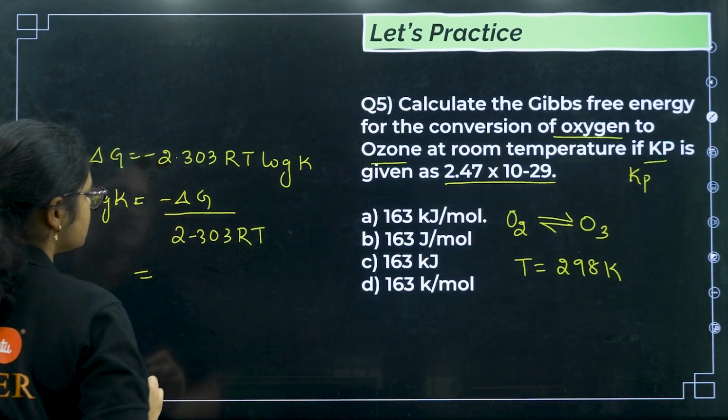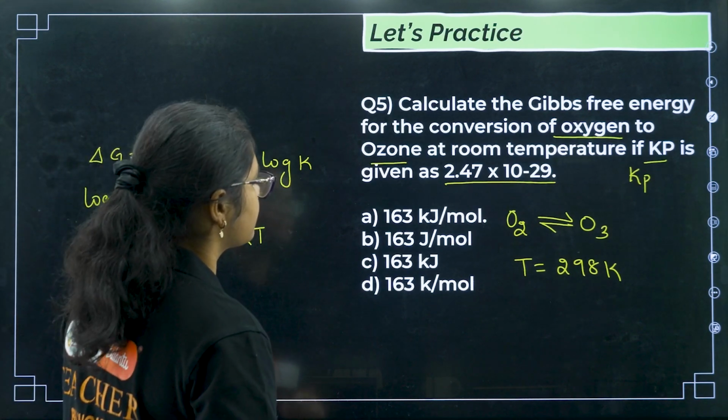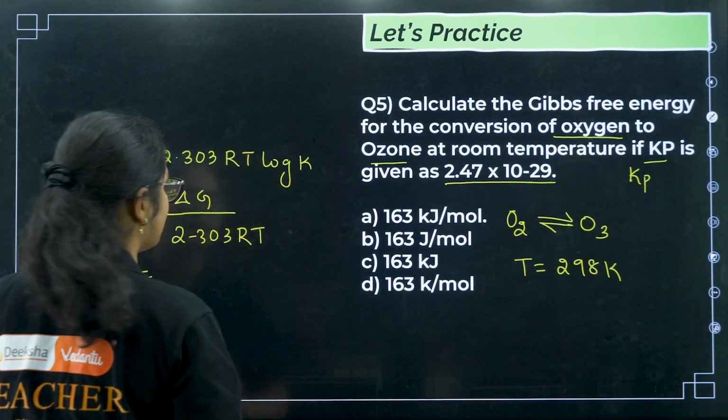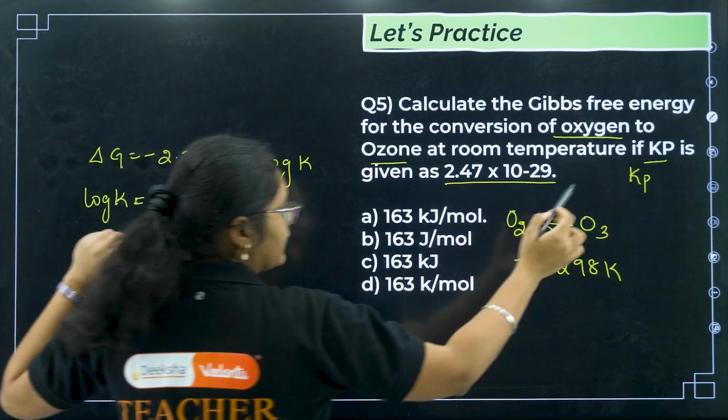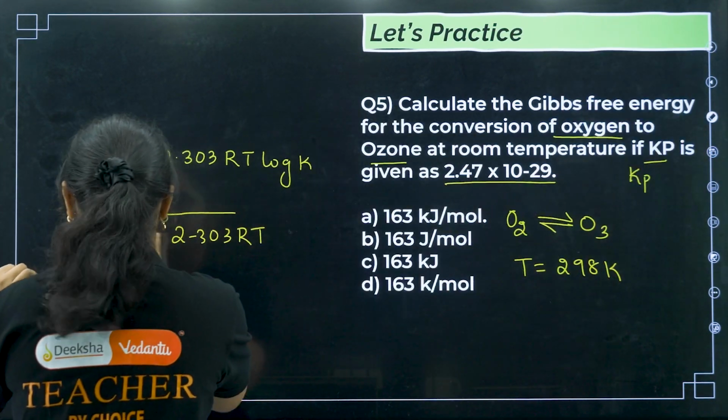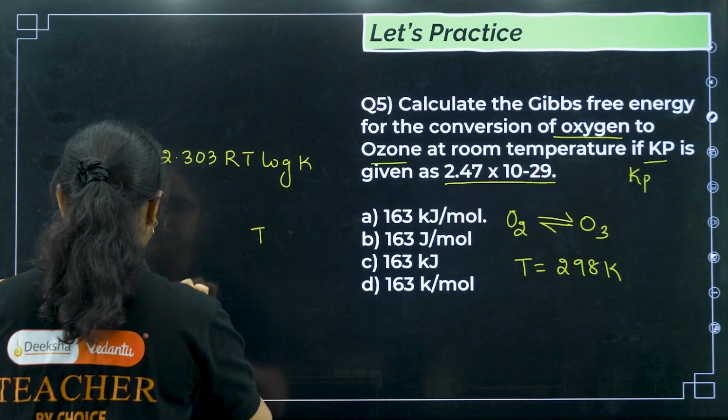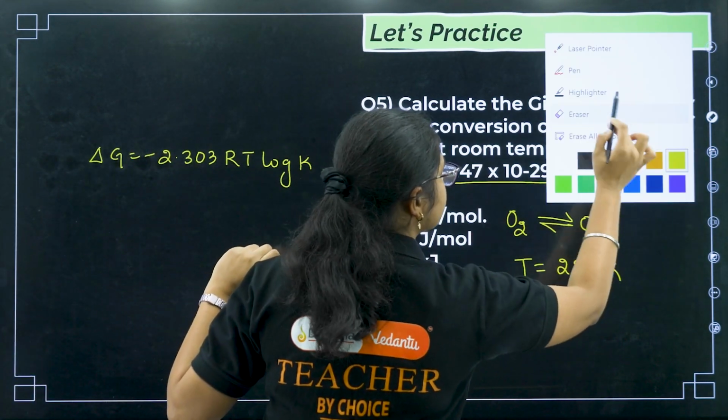What is the value of delta G here? What you need to calculate? Sorry, we need to calculate delta G only. The log K step is not required. We can directly substitute the values and do the calculation, right?